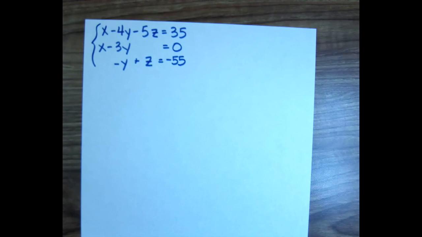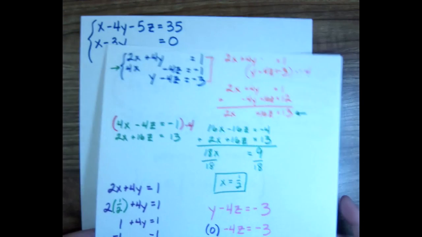Let's see when we can eliminate the z. Yeah, we can combine 1 and 3 together to eliminate the z. That's not the worst idea. We'd have a problem left with just x and y, and that's okay. That's similar to the third problem we did, the one that had the missing variables.